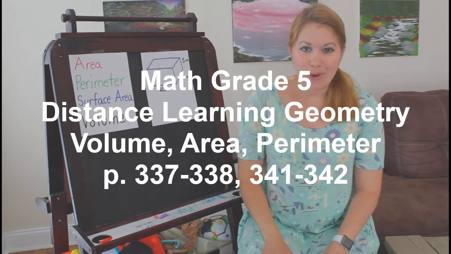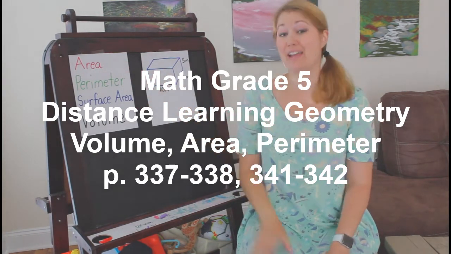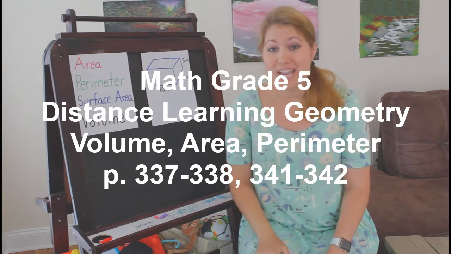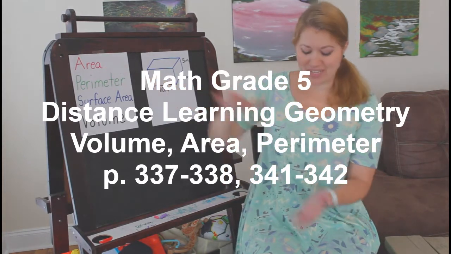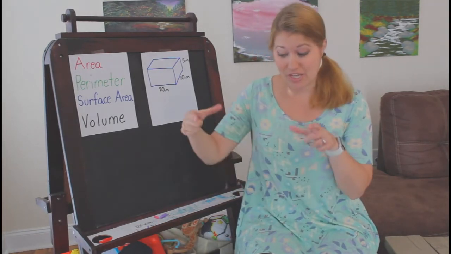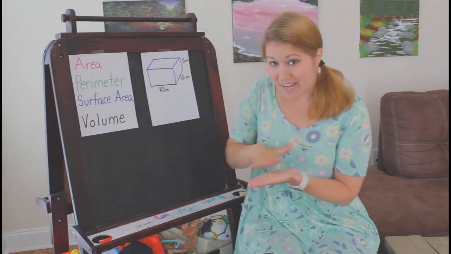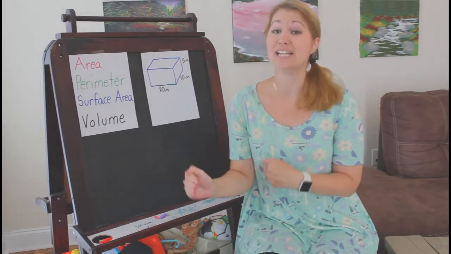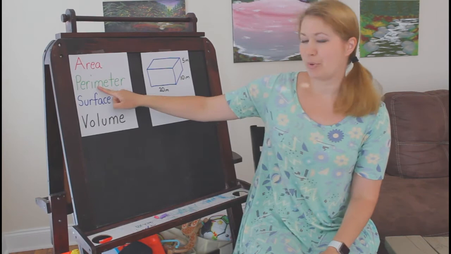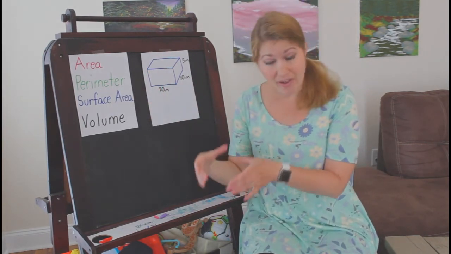Last time we were talking about area, perimeter, surface area, and volume. We talked about how the area is filling up the entire inside of just the bottom, the base of that shape. The perimeter is only the outside edges of that base.